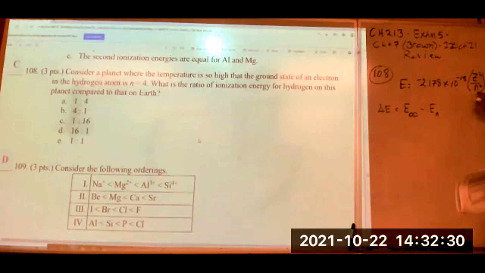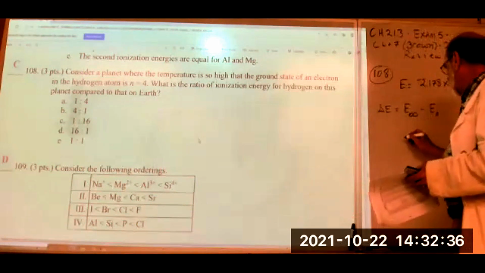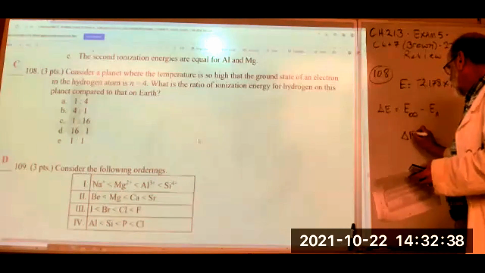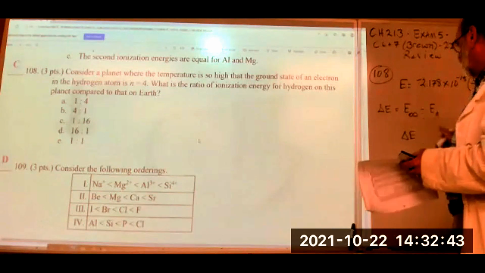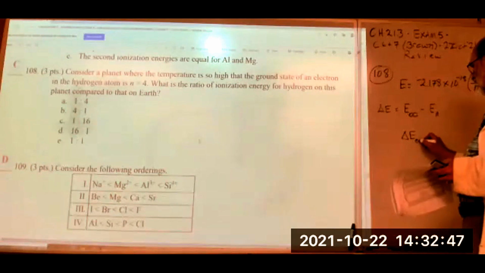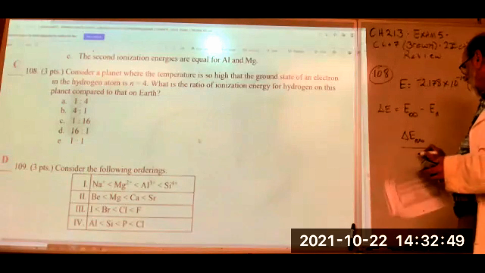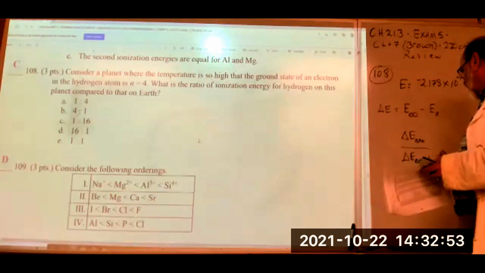So if we put 1 in there for Earth, what's the ratio? They're looking for the ratio of ionization energy. So for delta E, ionization energy of hydrogen on the planet compared to Earth. The planet is the exoplanet, let's say, and then the delta E for Earth. That's the ratio that we want.